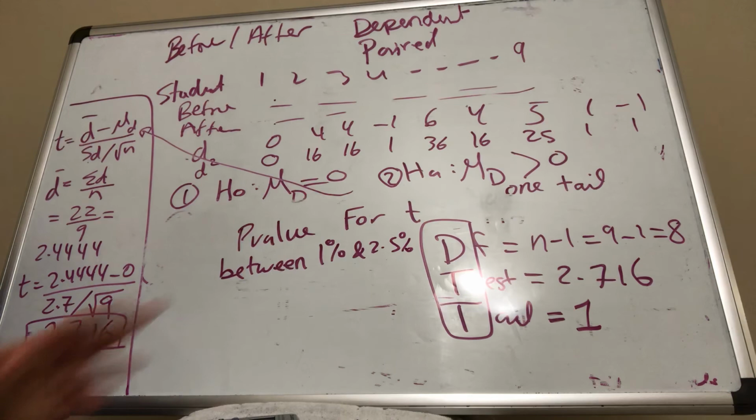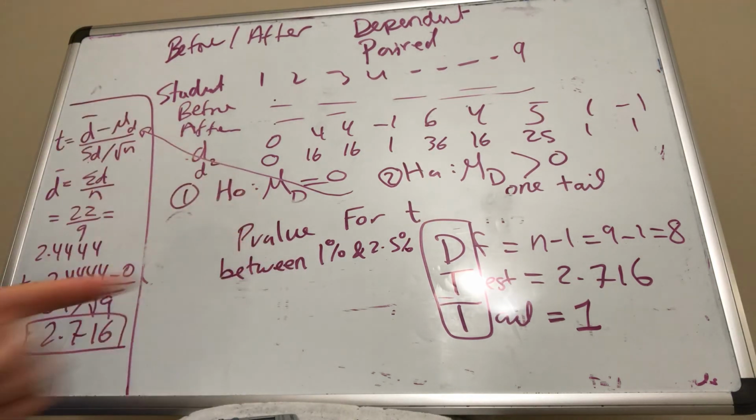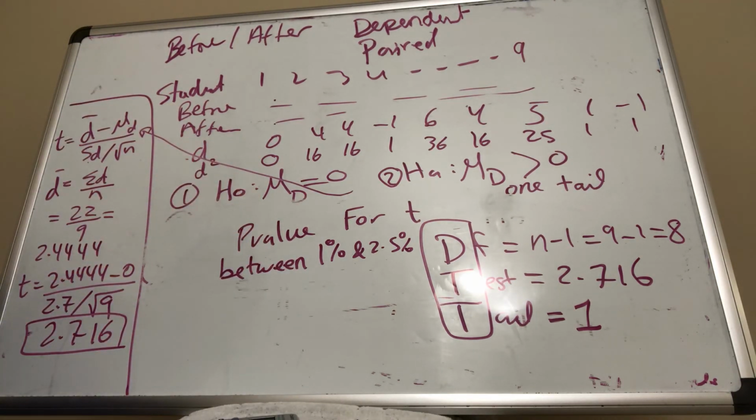Again, you go to degree of freedom 8, you look in this line for this number 2.7. It's between 2.3 and 2.8. So somewhere between them, you go up to the one tail, because it's a one tail system, it's between 1 and 2.5%.